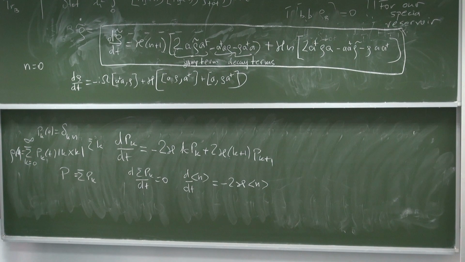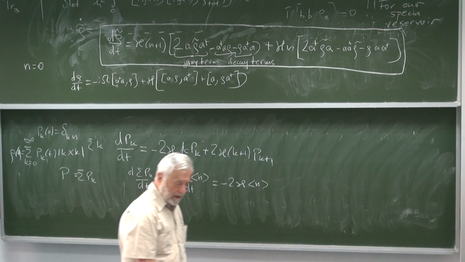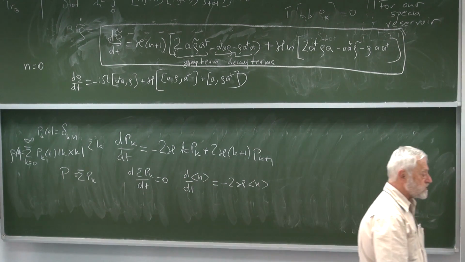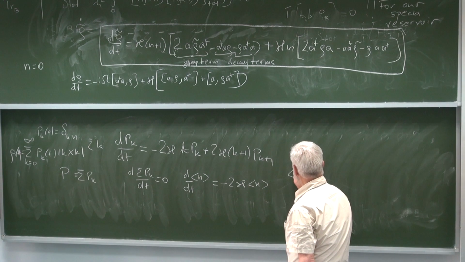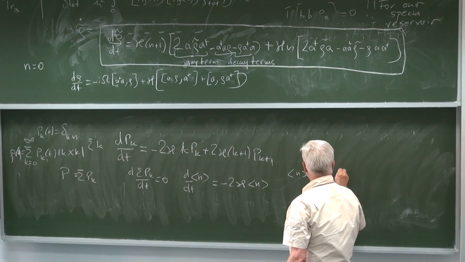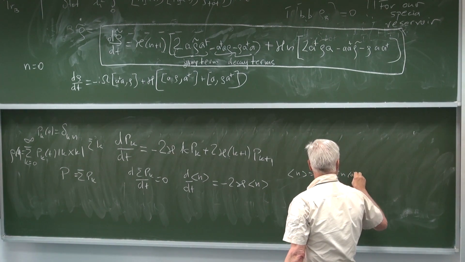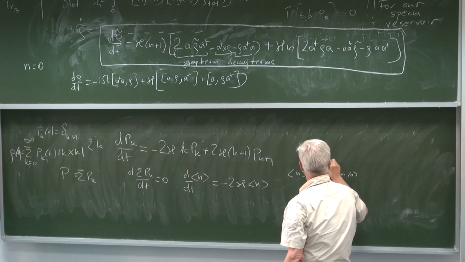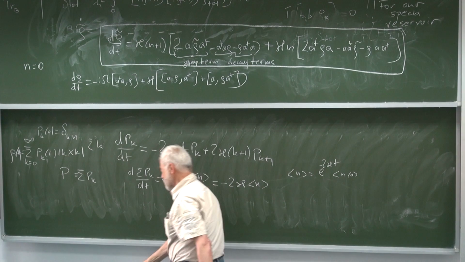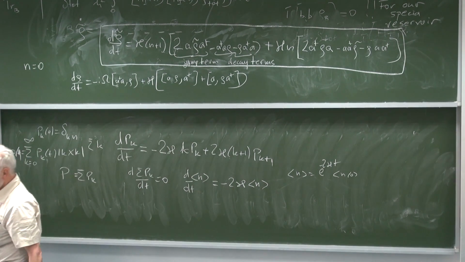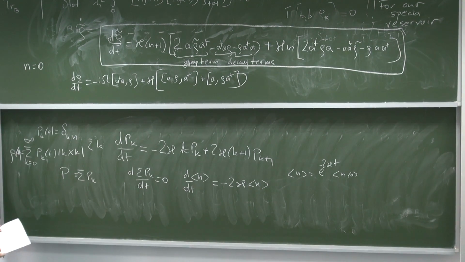You remember that exactly the same equation was true in our Heisenberg picture treatment last week. From this, of course, we see that the mean value is the mean value at 0 times e to minus 2 kappa t. Again, just like a week ago, this goes nicely to 0.